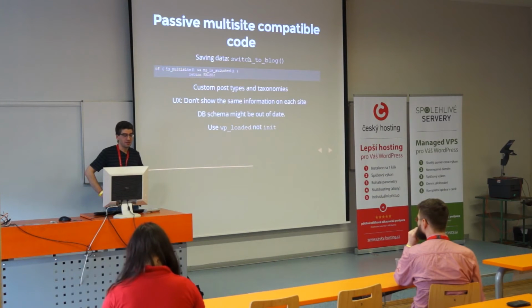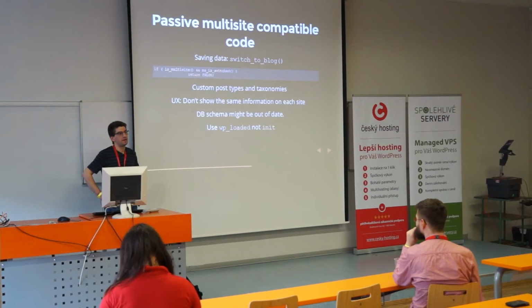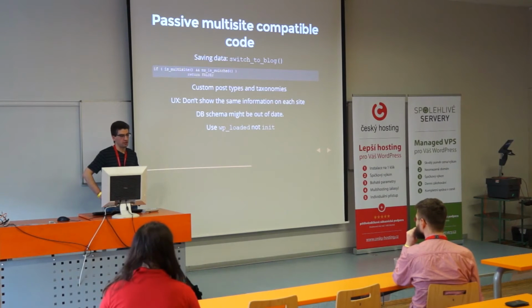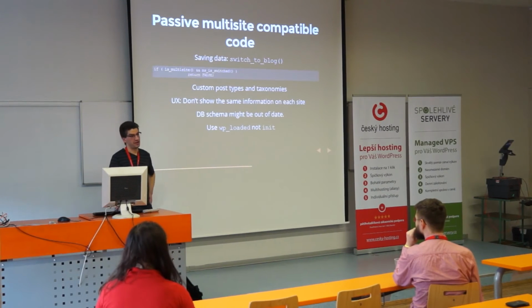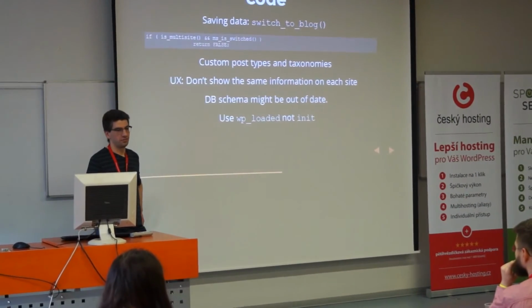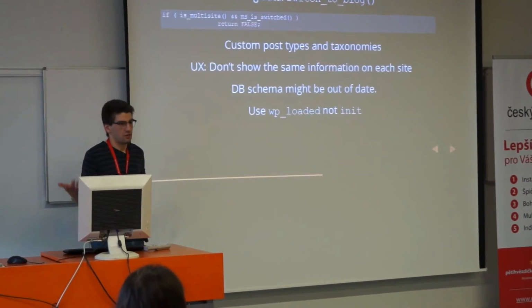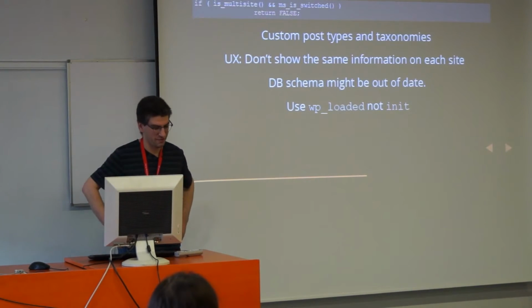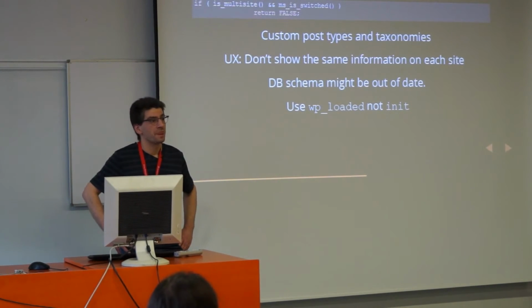The database scheme might be out of date because a WordPress update doesn't update all tables in all sites. This is for performance reasons, because some networks are very large, maybe 50,000 sites, and each site with many tables.